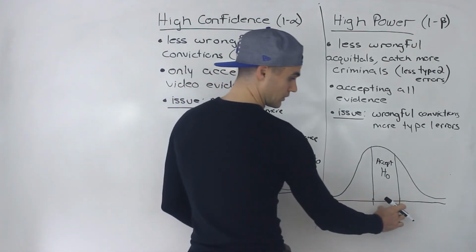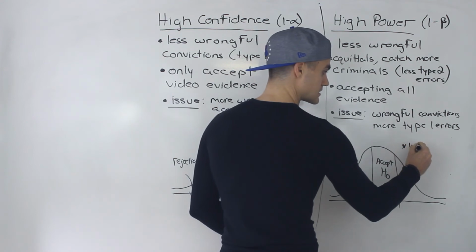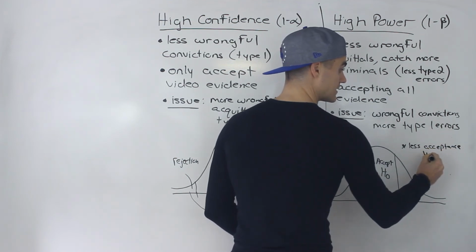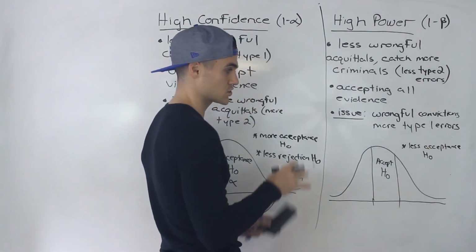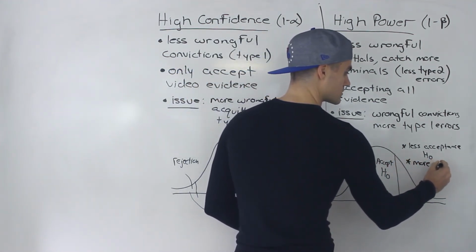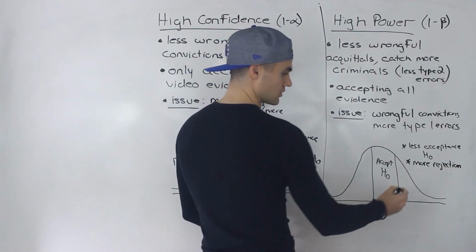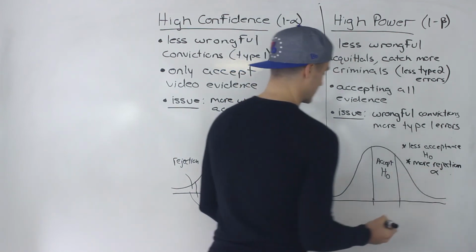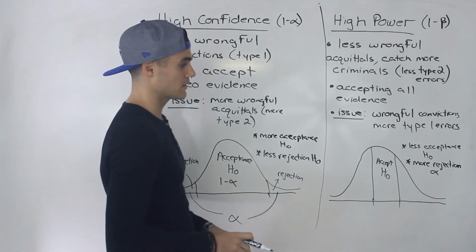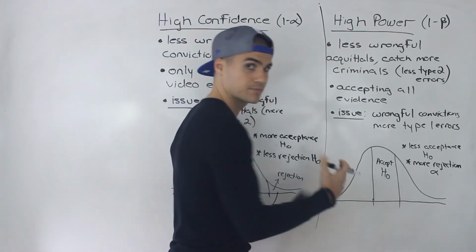And so less of an acceptance region, so less acceptance of the null hypothesis or of that innocence. Remember, the null hypothesis always assumes innocent before proven guilty. And there's going to be more rejection, more convictions. That rejection region, that alpha, that significance level, is going to be larger. So if you're increasing the power of a test, that acceptance region is getting smaller.